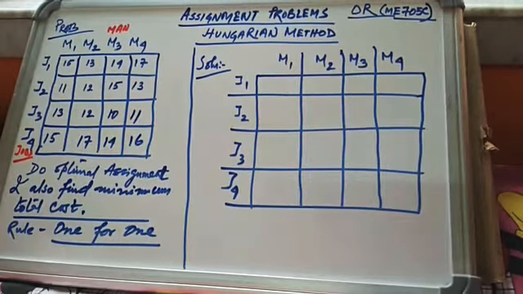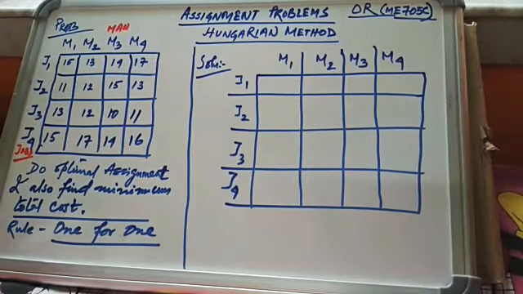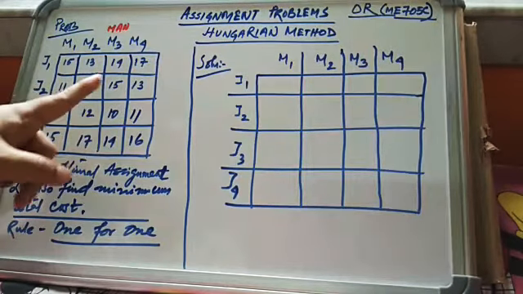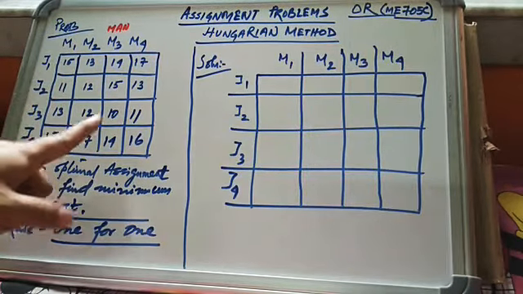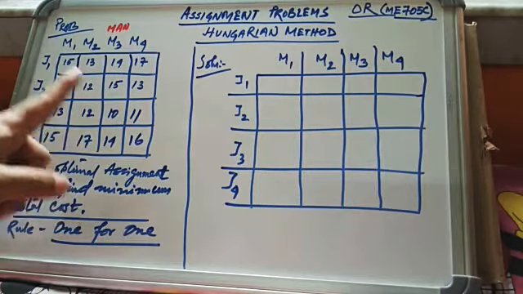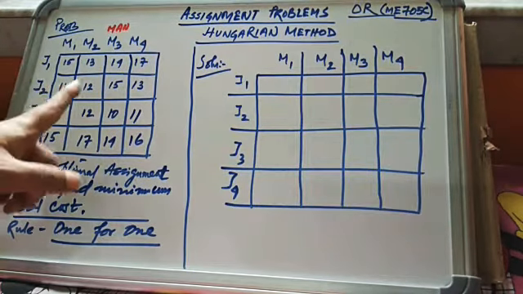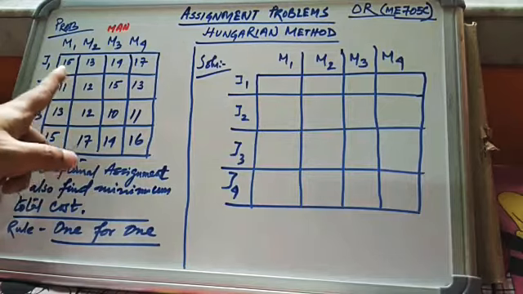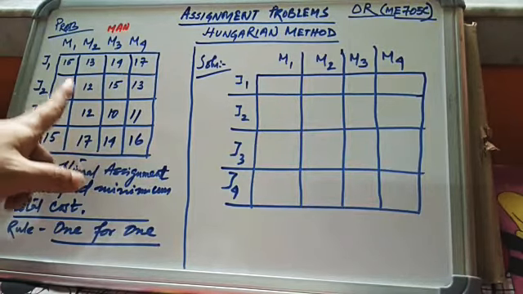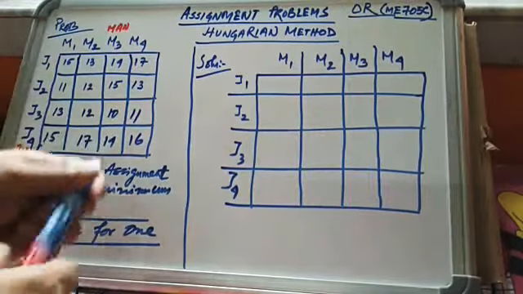So in order to do that using the Hungarian method, we have to do row operations and column operations if needed. What is a row operation? Row operation means the first step: you have to find the least one in the row and subtract it from the others. Let us see how to do that.